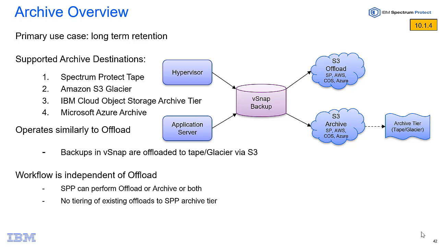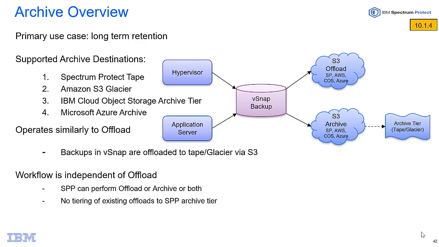Now, this functionality is going to be very similar to offload in that you can take a copy of the data that's stored in vSnap and move it to an S3 repository. And that workflow is going to be basically independent of the data retention workflow to vSnap, and the offload and the archive are going to be independent of each other.